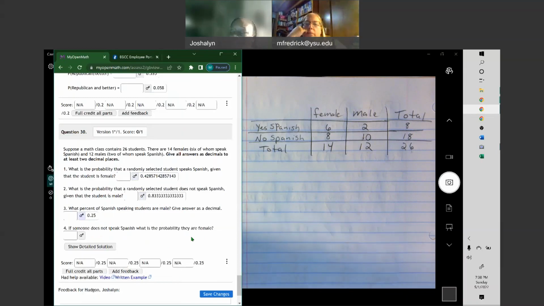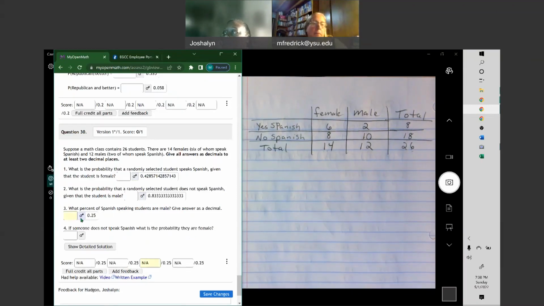What percent of Spanish speaking students are male?